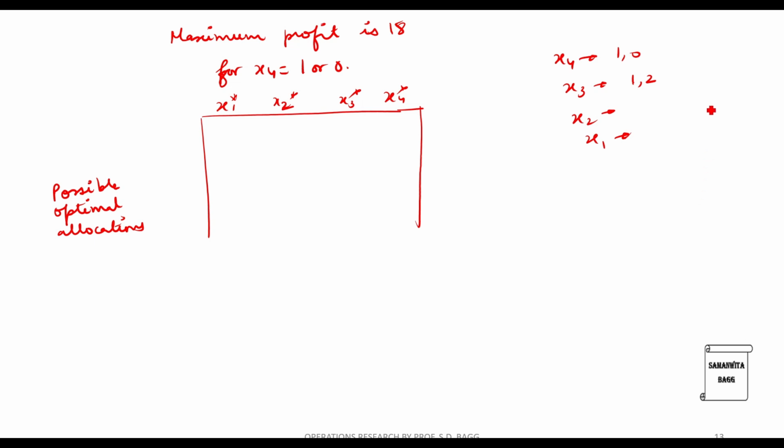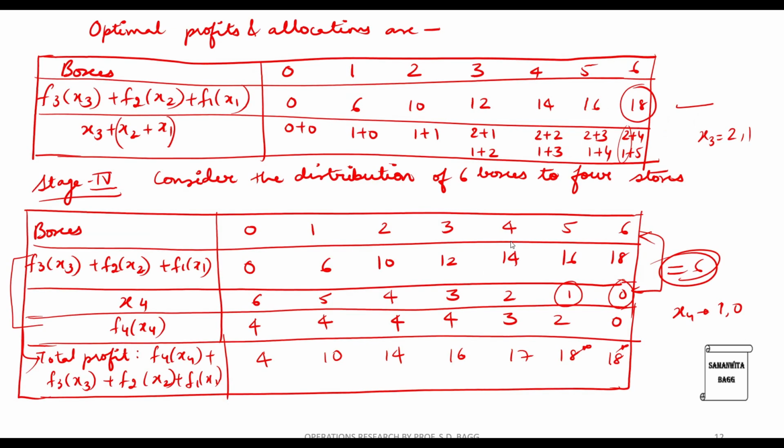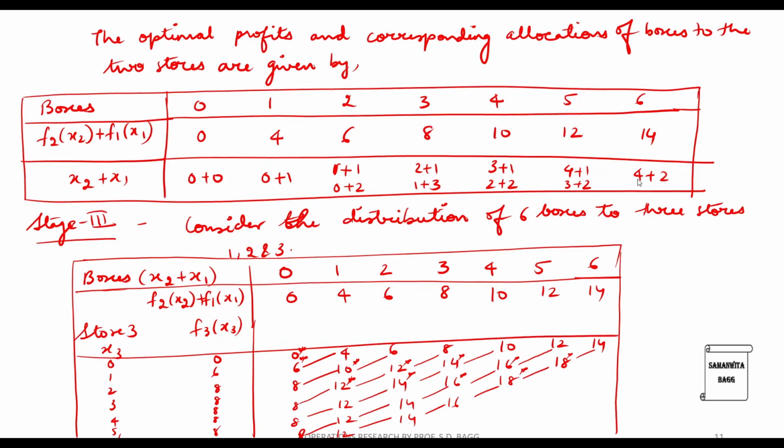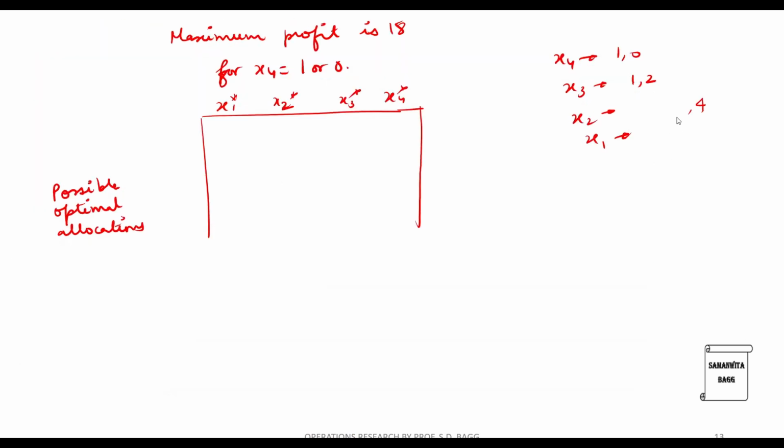So we can have the value of x2 as 4. Suppose if I have the value of x2 as 4, then the value of x1 in that situation, 4 plus 0 is 4 plus 1 is 5. So x1 has to be 1.